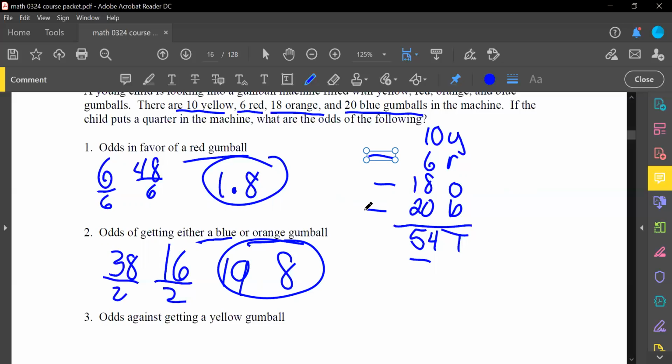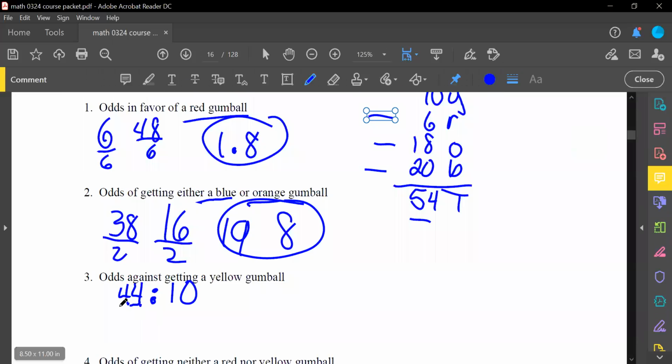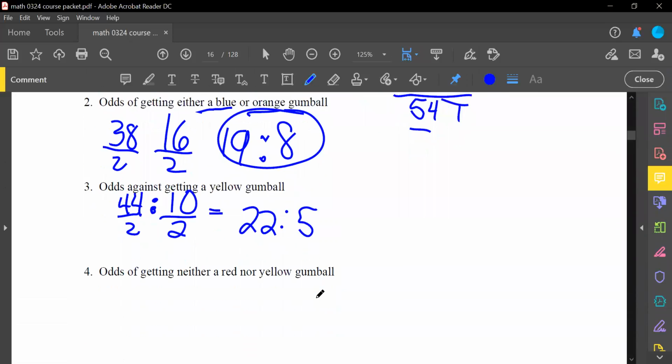Hopefully that's right. I have 44 ways of getting what I want, and the ways of getting what I don't want, which is yellow, is 10. You can see that adds up to 54. 2 goes into both of those too, so we want to reduce it. All right, so I got 22 to 5.